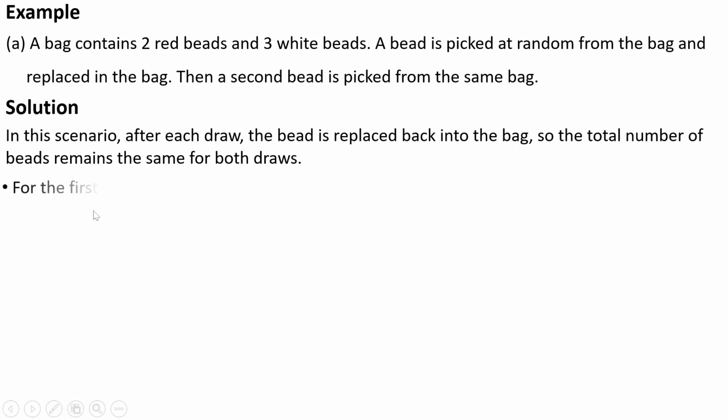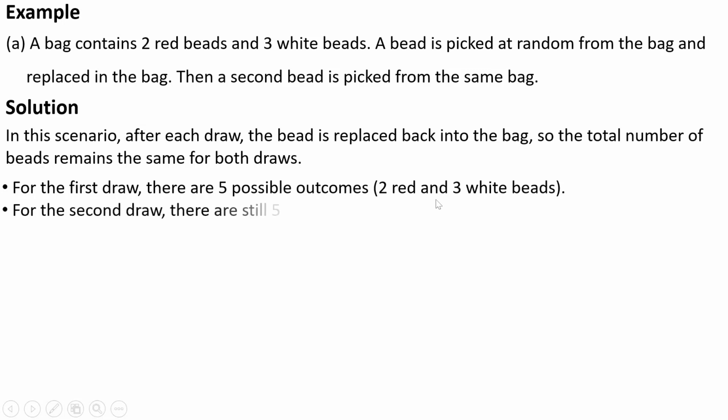For the first draw, there are 5 possible outcomes, 2 red and 3 white beads. The total possible outcome is 5, which comes from adding 2 red beads and 3 white beads.